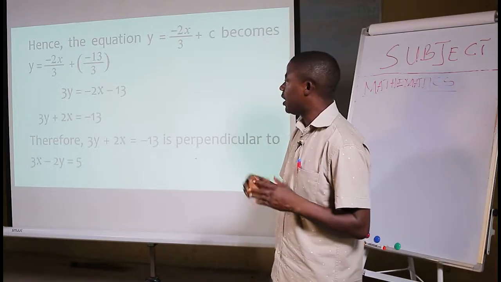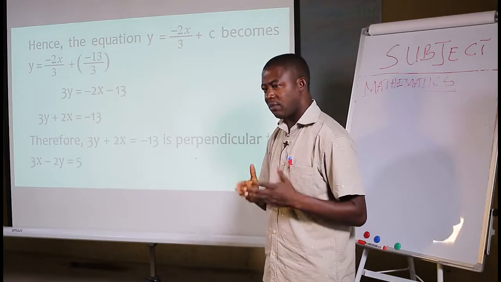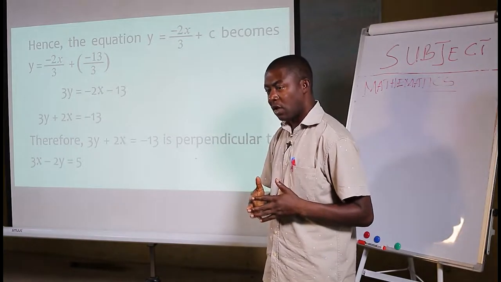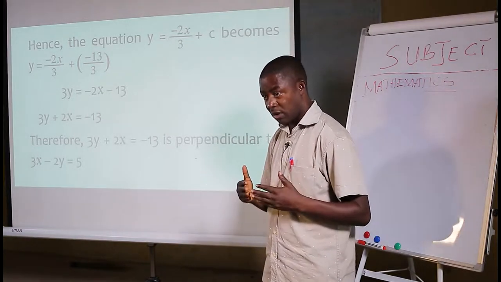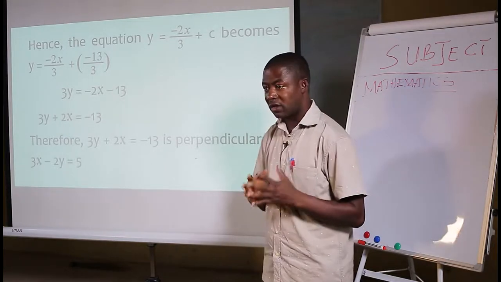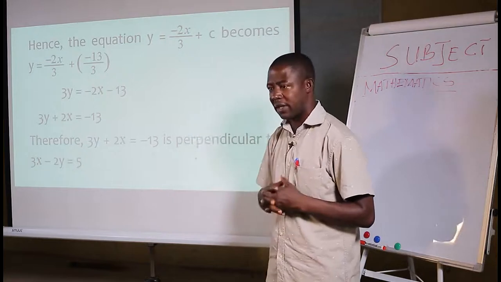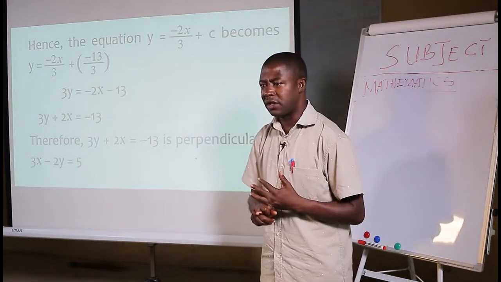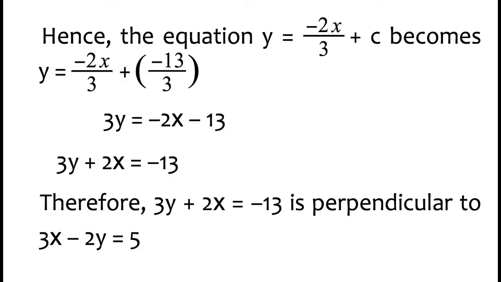Now, we need to multiply through by the LCM of the denominators so that we have a linear equation, because the equation is a straight line. The LCM is 3. So 3 times y, you have 3y. And 3 divides 3, you'll be left with minus 2x.